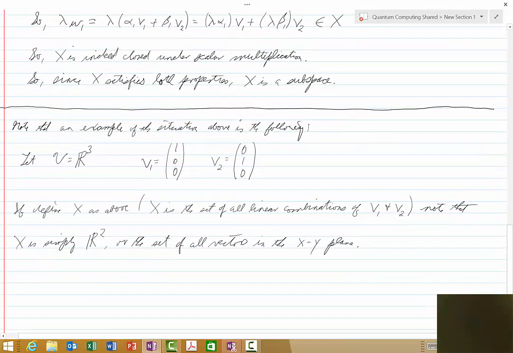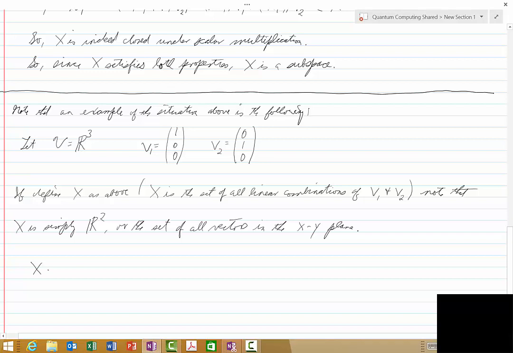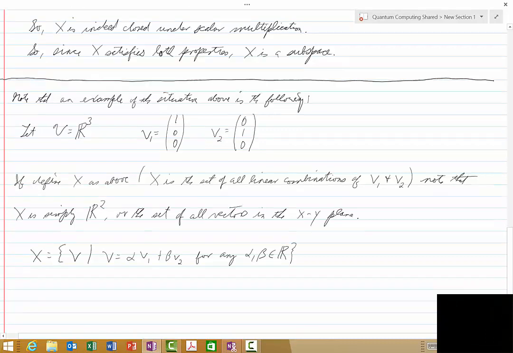Now, if that's not obvious to you, just think about it this way. Remember that x is equal to the set of all vectors v such that v is equal to alpha v1 plus beta v2 for any alpha and beta that are real.